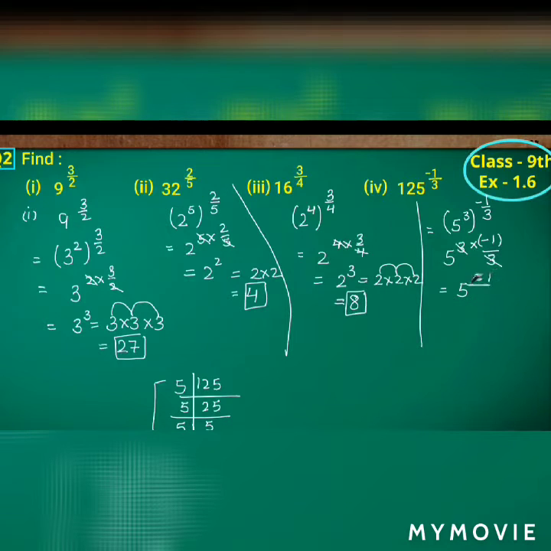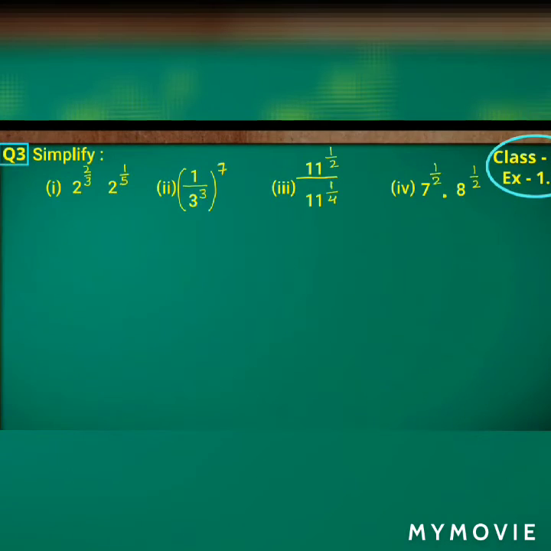That is, we have to write the reciprocal of 5 power minus 1. So what will you get here? The reciprocal of 5 is 1 by 5. The only thing here is that we are going to use the laws of exponents. If you don't mention it, it's not a problem, but you have to use the laws of exponents here.